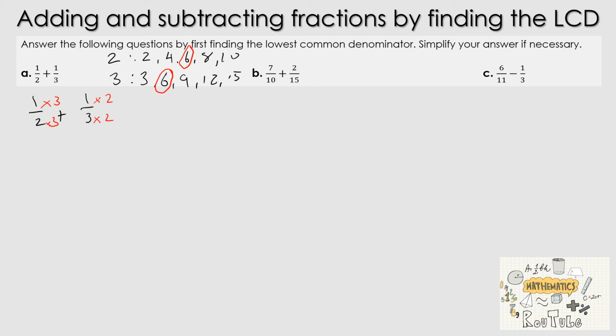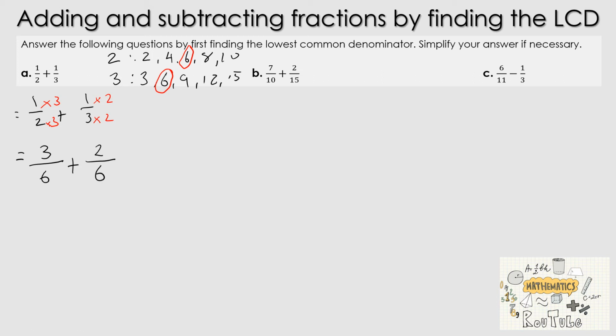Okay, now we've got a fair bit of stuff written down, so let's just simplify it a little bit. So we rewrite our first fraction as 1 times 3, which is 3, and then we have 2 times 3, which is 6. And then our second fraction is 1 times 2, which is 2, and then 3 times 2, which is 6.